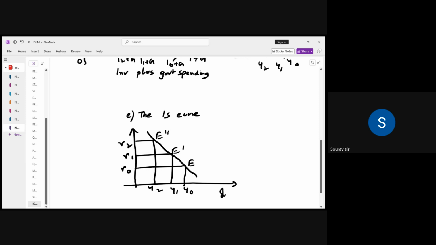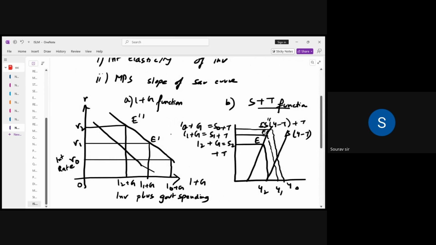For the labeling, it's income, and here we have the interest rate. Now, what is the explanation? If you see the three diagrams, if the interest elasticity of investment is high, then with a small drop in R, it will lead to a large increase in I, and a correspondingly large increase in Y, that is the investment multiplier.